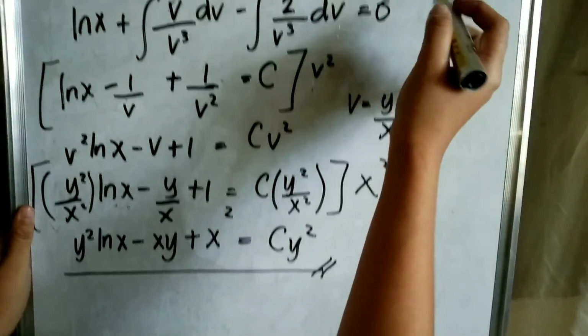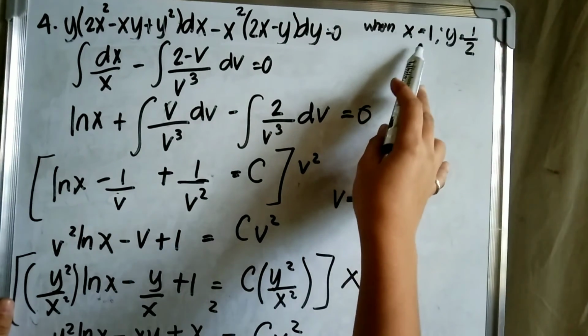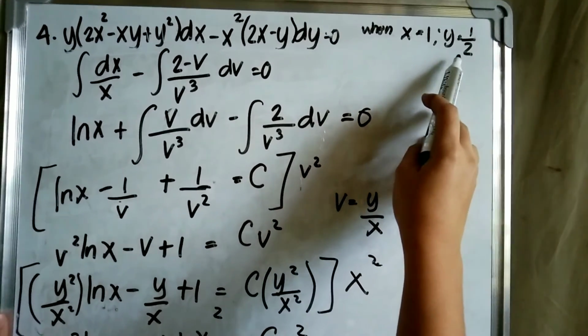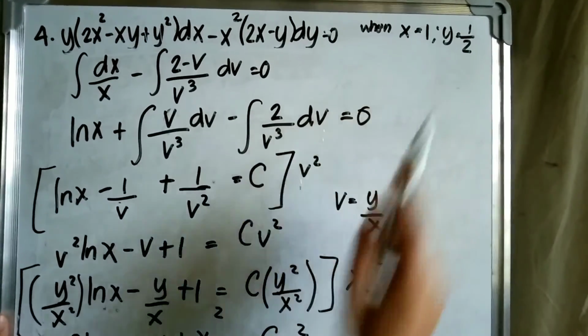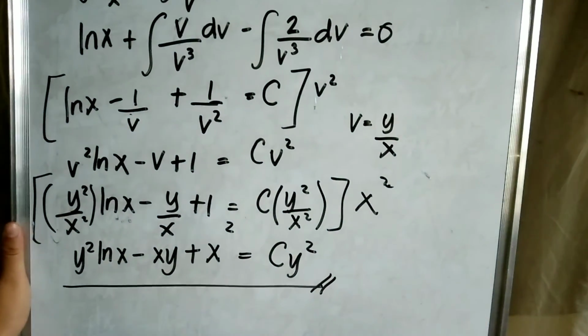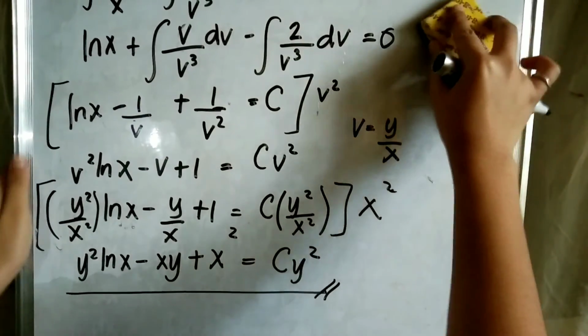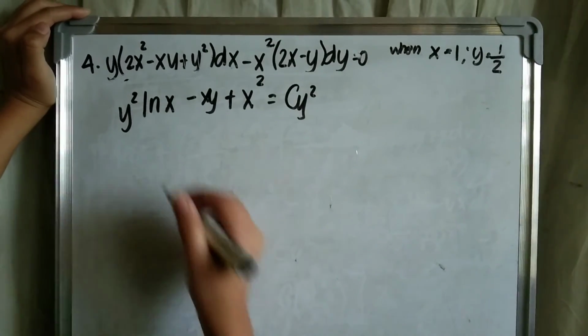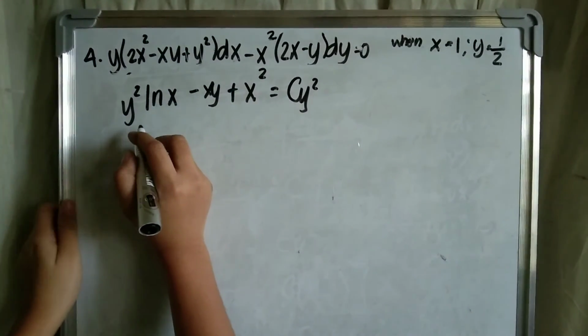For a given condition of x equals 1 and y equals positive 1/2, we'll substitute these values to our general solution to get the particular solution. So this is our general solution.